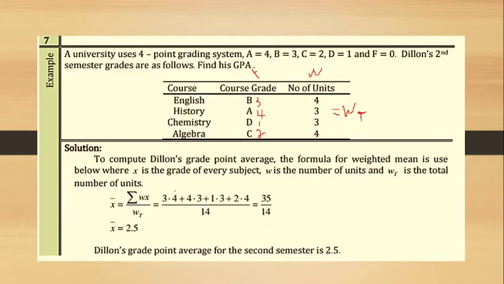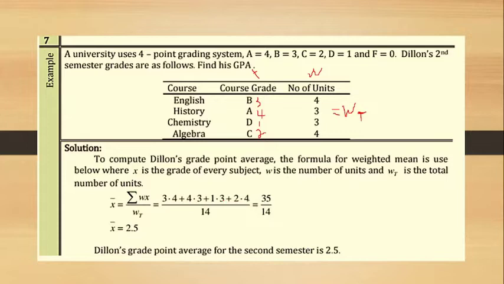It is okay to interchange them because it is multiplication. Here it should be x times w, since it is w times x, so it should be 4 times 3 first, 3 times 4, 3 times 1, 4 times 2. But it is okay because it is multiplication, so it can be interchanged.